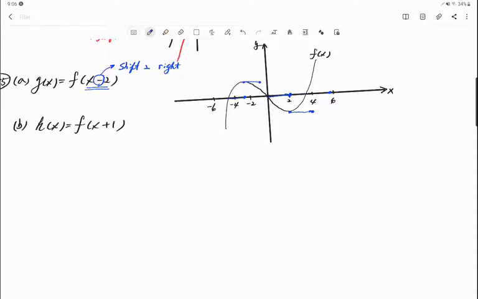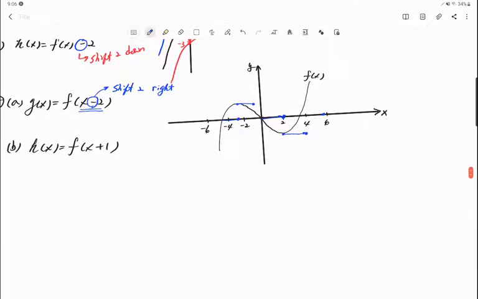So let me connect these points smoothly. This is going to be something like this, and then like this. Not exactly the same, huh?